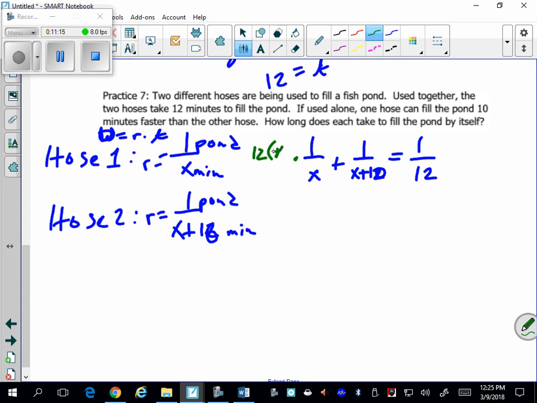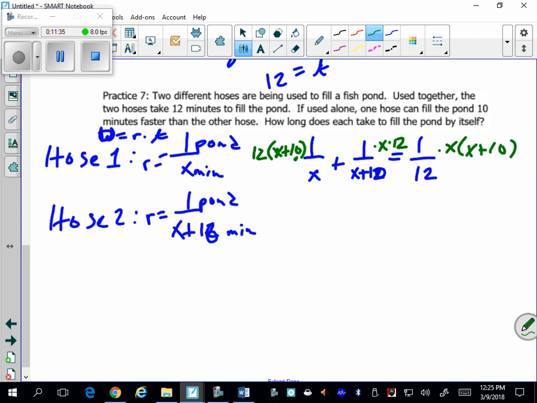Here we have an x plus 10, but I need to multiply that by x and 12. So I have an x, 12, and x plus 10. The last one, I already have a 12, but I don't have an x, and I don't have an x plus 10. So you do that to the numerator and denominator. I'm not writing it on the denominator because we end up just canceling them out anyways.